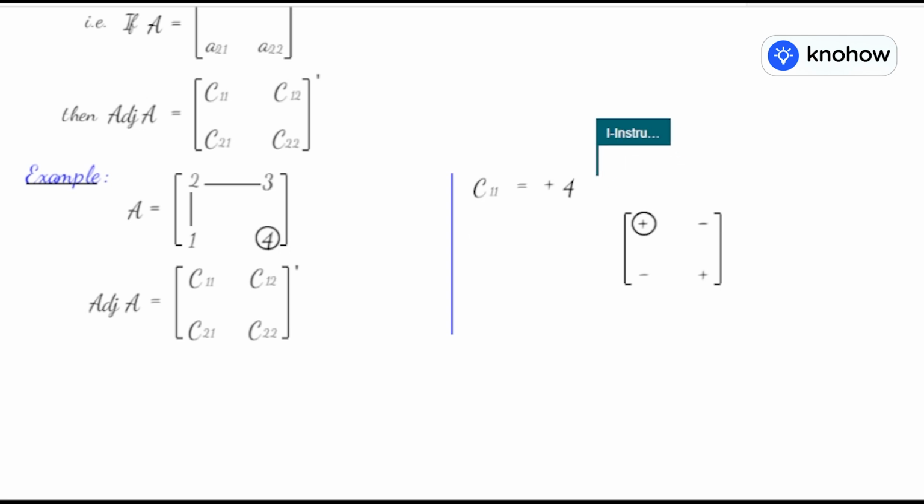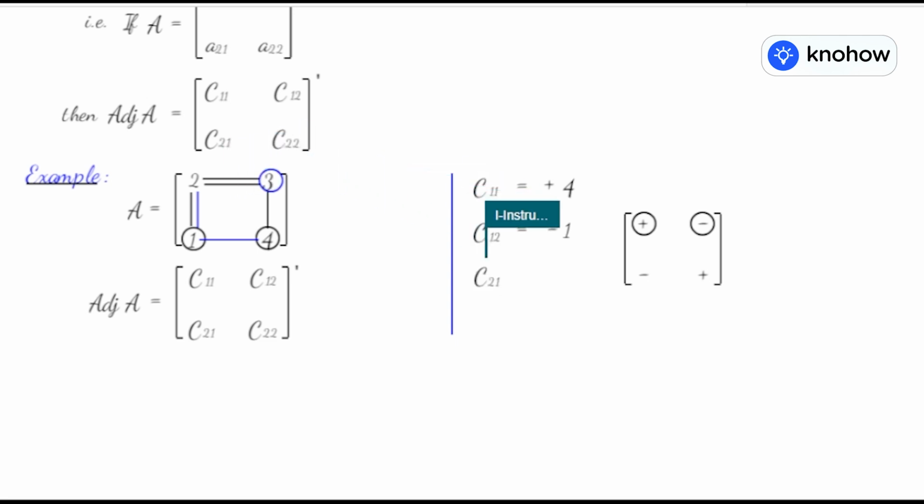Then what about C12? Delete the row and column through 3, and the opposite number is 1. But for C12 the sign is negative, so C12 is negative 1. Then what about C21? This is the C21 place. Delete the row and column through it, and you are left with 3.